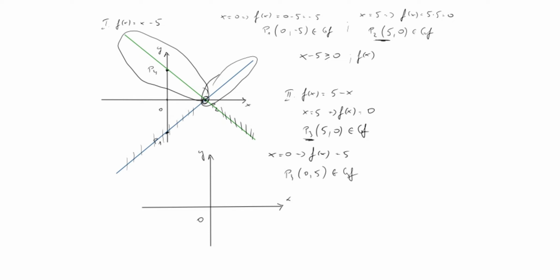So we have here P2, which is basically P3. We have here P4, and then we have here P1, but it doesn't matter because the function doesn't go through P1.